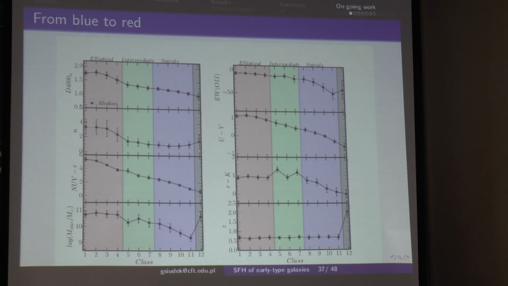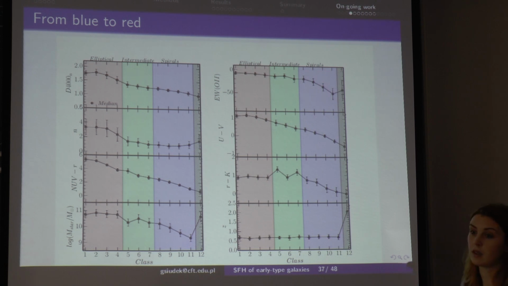We can see that our physical, morphological and spectral properties are changing from class to class, going from blue spiral galaxies to red. Our galaxies become more compact, more red, more massive, and from D4000, they become older.